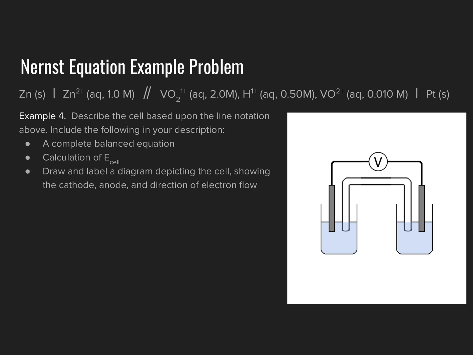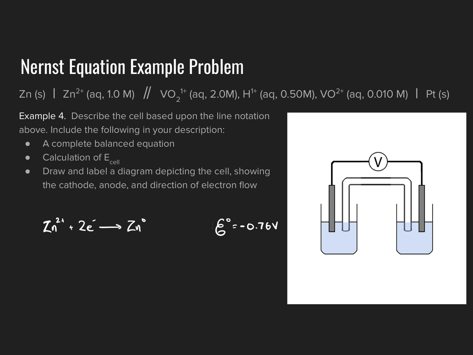Starting off here with the reduction of zinc ions, Zn2 positive, as they pick up 2 electrons to form elemental zinc. And as I search here, I find that reaction listed here with a standard reduction potential of negative 0.76 volts for that half reaction.